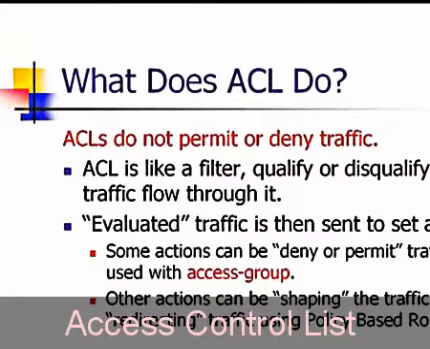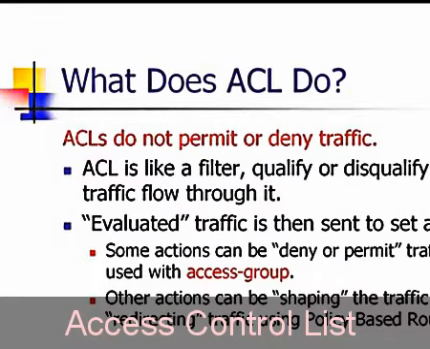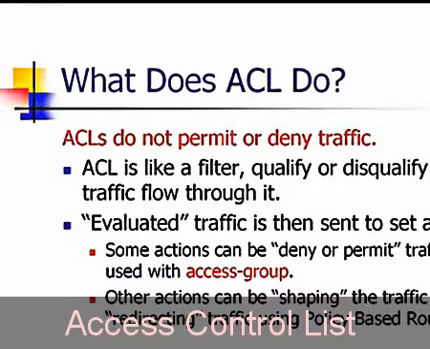We've covered what an access list is looking for. Once a perfect matching statement is found, what does the ACL do? I know a lot of people, when they talk about access lists, always think the access list is blocking or permitting traffic. That is incorrect. The access list does not permit or deny traffic. In other words, the access list does not take actions.